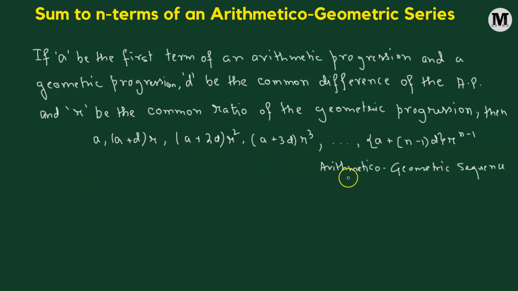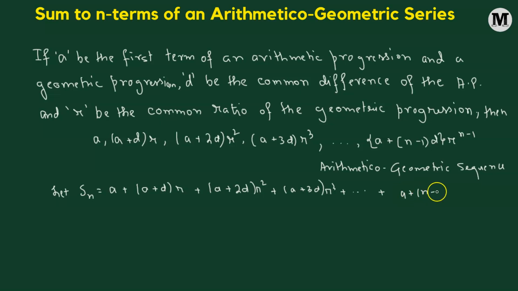Now, in order to find out the sum to n terms of the sequence, what we'll do? We're going to suppose that Sn represents the sum to n terms. So here we have a added to (a plus d) times r, added to (a plus 2d) times r squared, added to (a plus 3d) times r cubed, all the way up to the second last term, that's (a plus (n minus 2) times d) multiplied by r raised to the power of n minus 2.